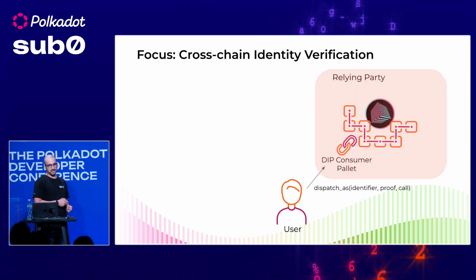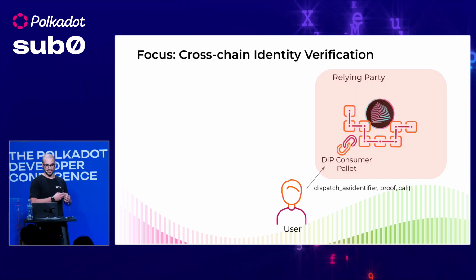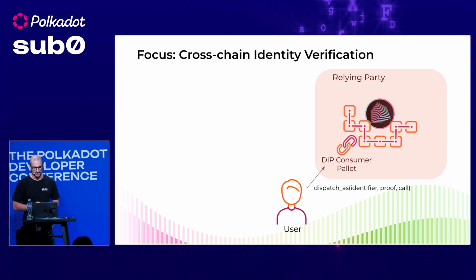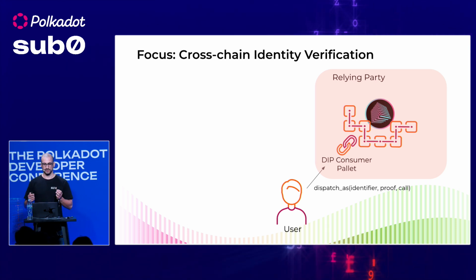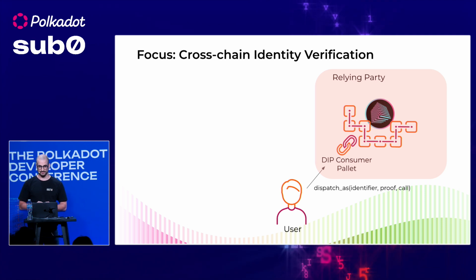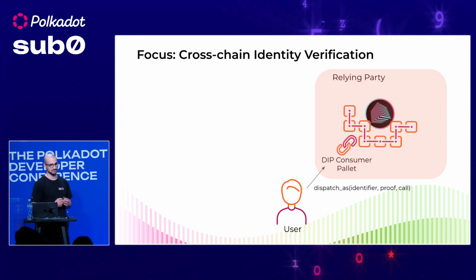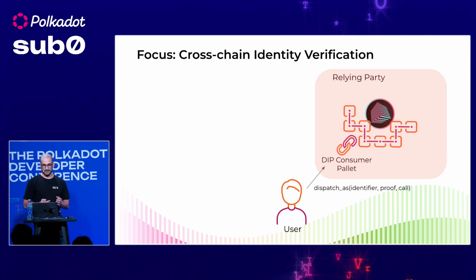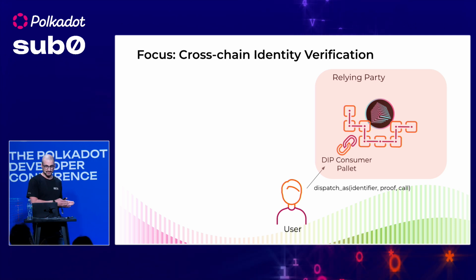But now moving on to the relying party, which is the consumer of cross-chain identities. We have so far a similar structure, which is one pallet exposing a single call. It's the dispatch_as, which works on a conceptual level very similar to the utility dispatch_as calls that most Substrate developers are probably familiar with. It allows the submitter to act as a different origin.